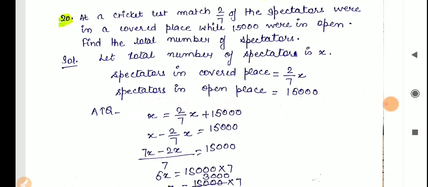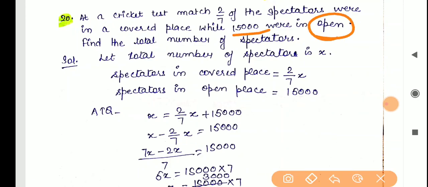So 2/7 part of the spectators were in a covered place, while 15,000, a proper number is given, were in open place. Okay, so we need to know the total number of spectators. So very easy, if we add the spectators in covered place and those in open, then we will know the total. But the problem is that we don't know the exact number of spectators in covered place, right?